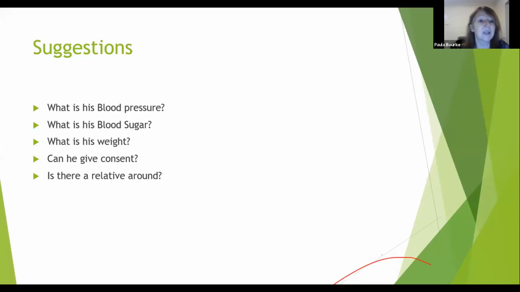Is this a hypoglycemia attack? What is his weight? Because if you're going to give a drug that's weight specific, then you need to know what his weight is. And can he give consent? Is he conscious enough and aware enough to be able to give his own consent for treatment? Or is there a relative around that you need to speak to? You may come up with other things, but those are the things I thought of when I was doing this.